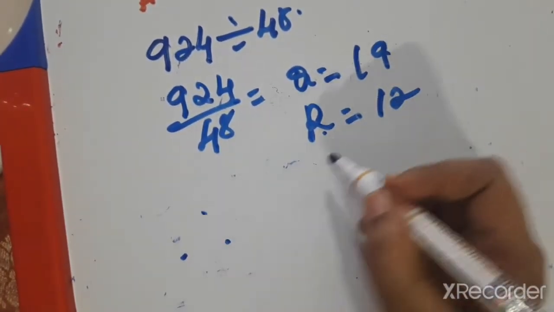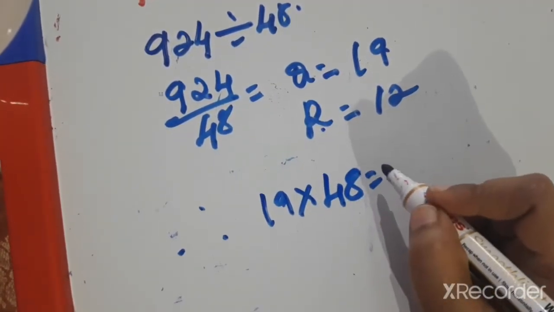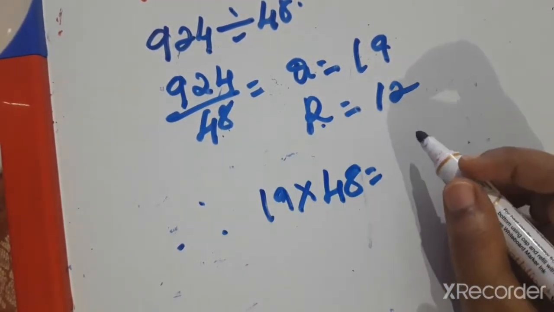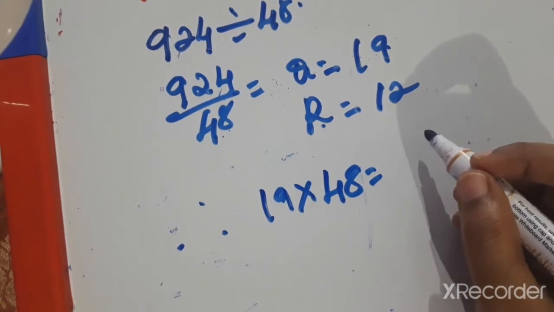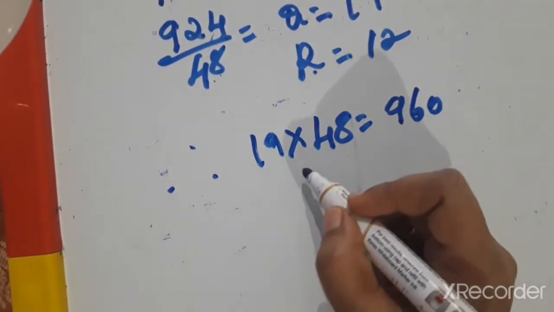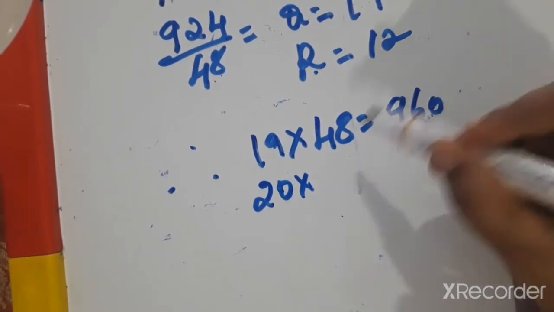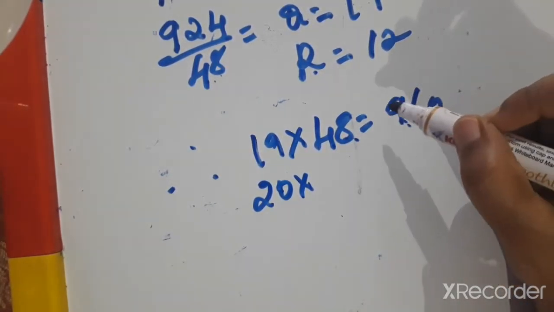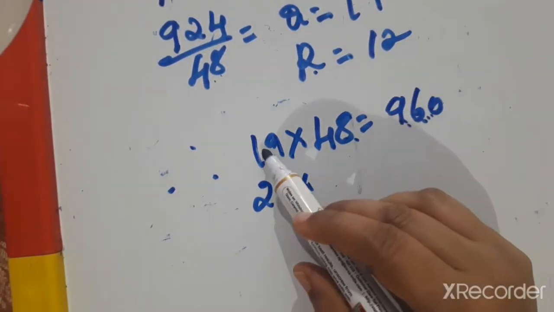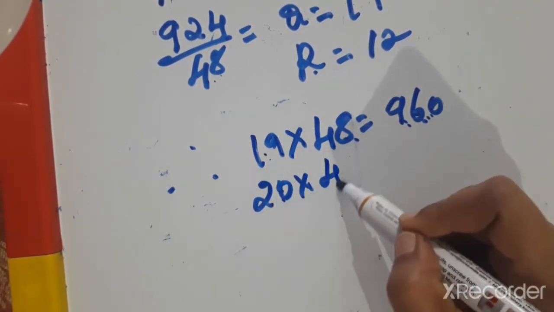So we have to multiply the quotient 19 by the divisor 48.